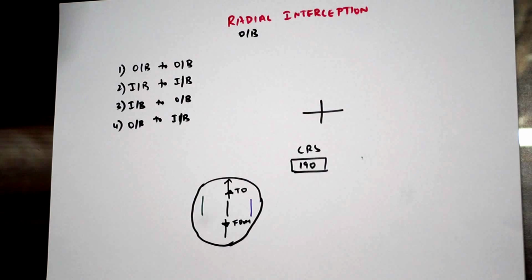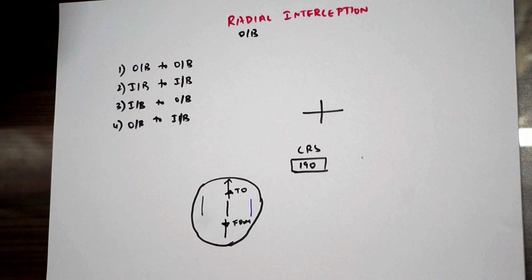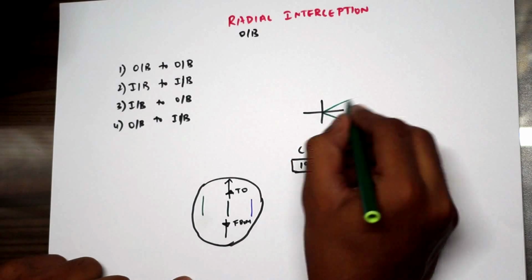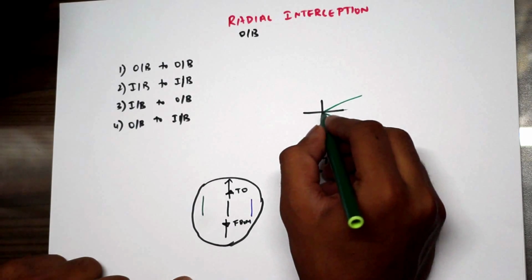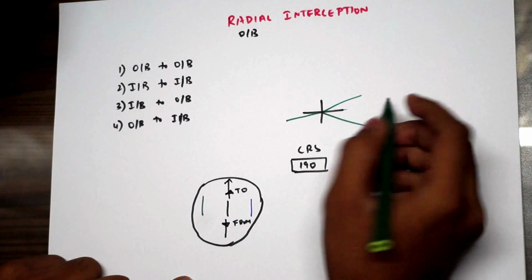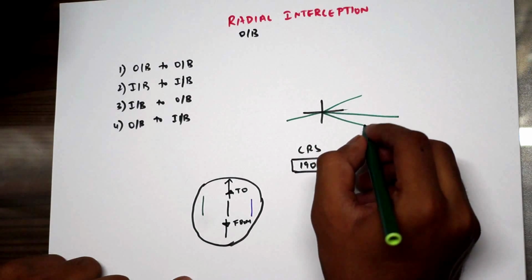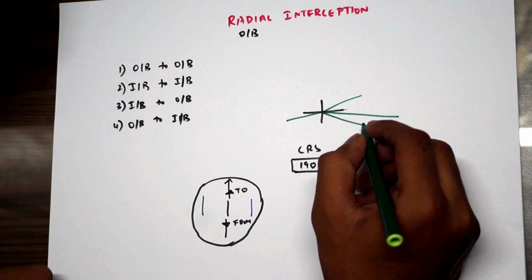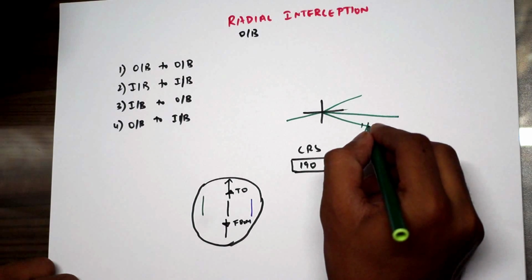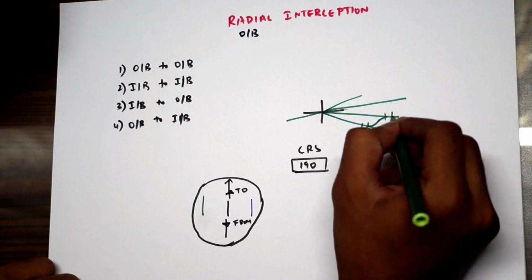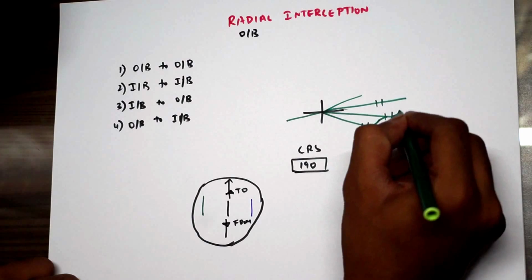Okay, so let us move on to radial interception. Say these are the radials; just for example we're taking such radials. Radial interception is basically hopping from one radial to another radial. You're on this radial, you have to go on this radial, and say you're going out, suddenly you're called in, you have to come on this radial.